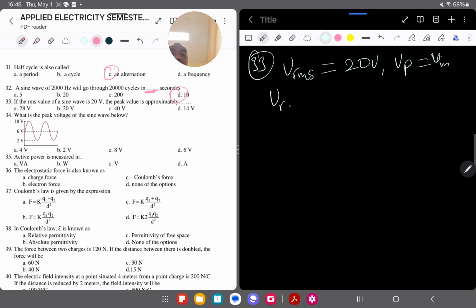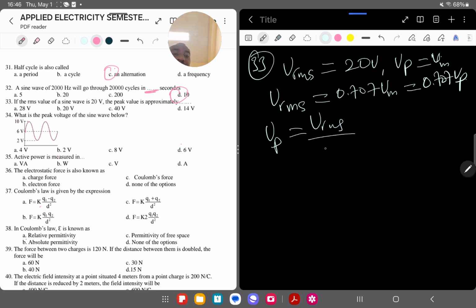We know that the root mean square voltage is equal to 0.707 times the maximum voltage, which is the same as 0.707 times the peak voltage. So we make peak voltage the subject: the root mean square voltage over 0.707.